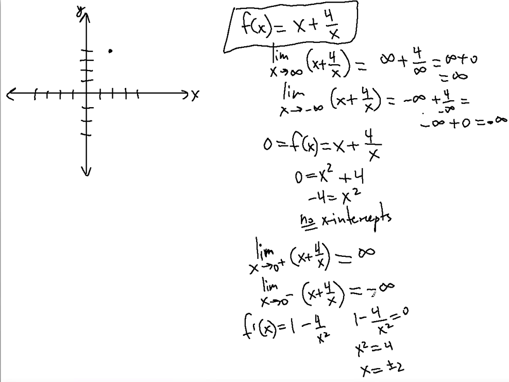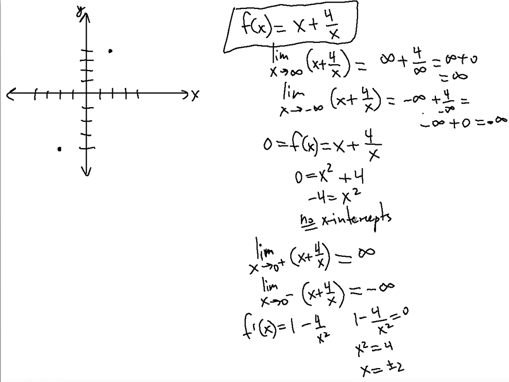And then when x is equal to negative 2, we get -2 - 2, because 4 over negative 2 is negative 2. So -2 - 2 is -4. So (-2, -4) is another point where the instantaneous slope of the curve is 0, or where the first derivative is 0.